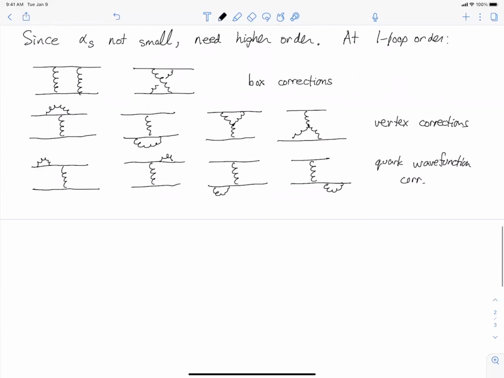And then finally, there are corrections that look like this. So because a gluon can interact with itself, we have that diagram. Or we can have a diagram where the gluon being exchanged decides to split into a quark anti-quark pair.